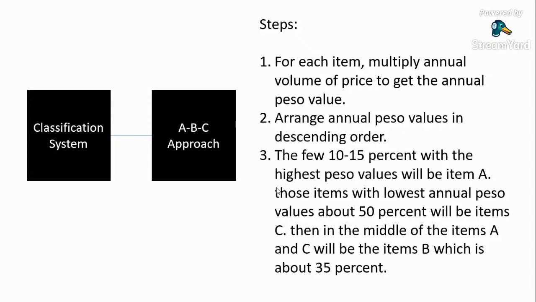So when we say highest peso values, lahat ng inventory na may matataas na presyo, yun yung tinatawag nila na item A. Lahat naman ng produkto na may mababang peso value, yun yung tinatawag nila na item C. So kinakategorize nila yan para alam nila kung alin yung klase ng inventory na kinakailangang i-withdraw sa warehouse para ma-convert into profit.